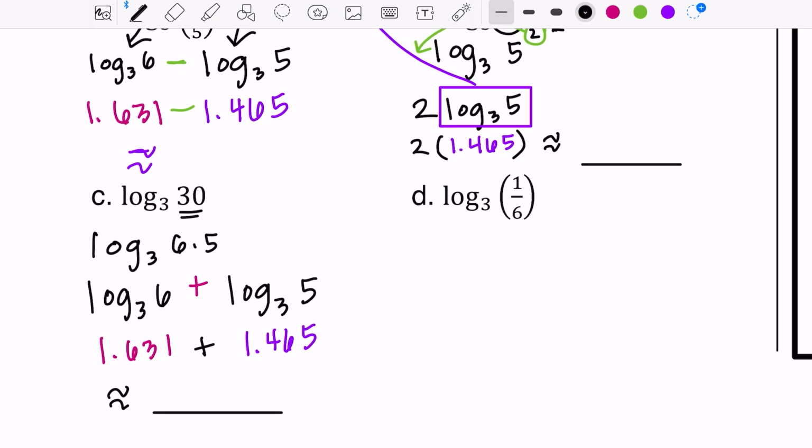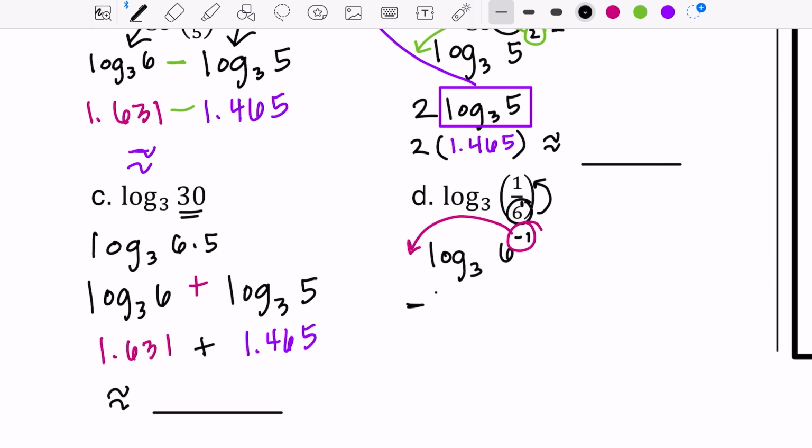answer. For the next one, we have log base 3 of 1 over 6, and we know that that's 6 to the first power, so it's going to be log base 3. We're going to take that and move it up, so it's going to be 6 to the negative 1. Then we're going to take that negative 1 and move it in front because it's an exponent.